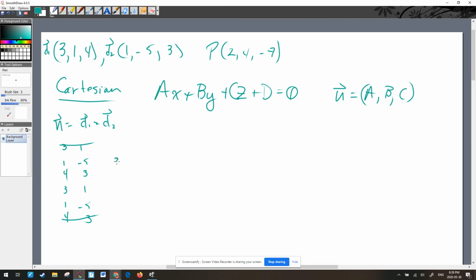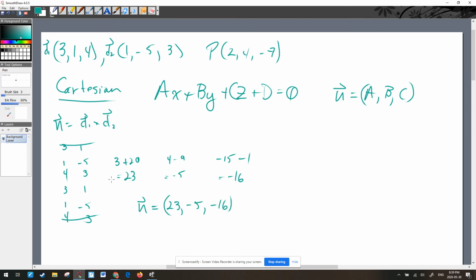So we have 3 minus negative 20, so plus 20. 3 plus 20 is 23, so the x component is 23. The next one is 4 minus 9, which is negative 5. And then negative 15 minus 1, so that's negative 16. So I think the normal vector here is 23, negative 5, and negative 16.